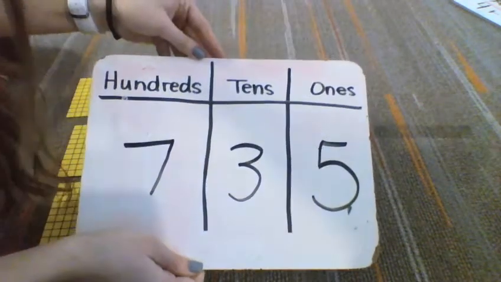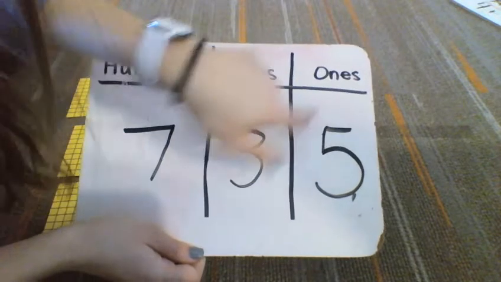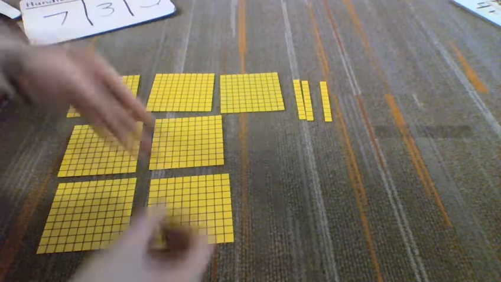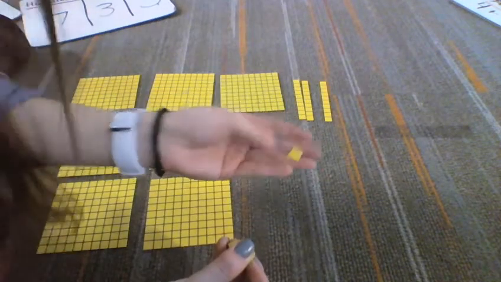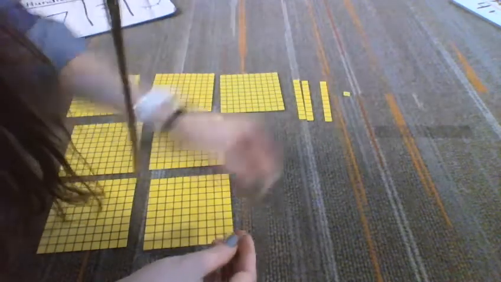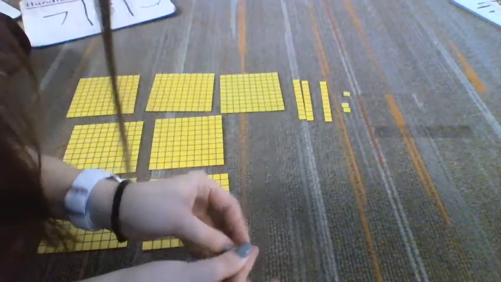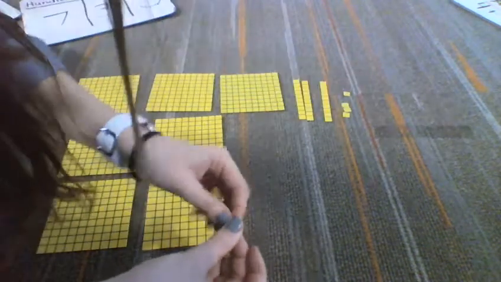And now how many ones will I have? 5. That's right, because it's in the ones place value. So I'm going to count out 5 of the small pieces. So 1, 2, 3, 4, 5.